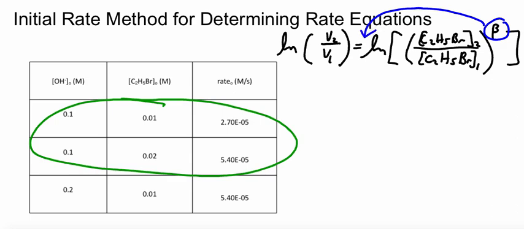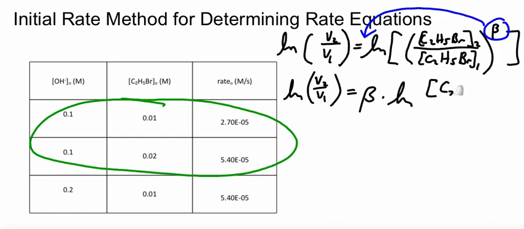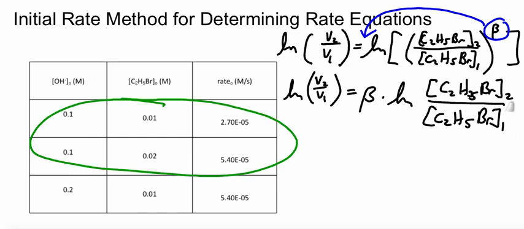So we can rewrite this as the log of V2 over V1 is equal to beta times the logarithm of the ratio of those concentrations. So that was C2H5Br for the second trial divided by the concentration of ethyl bromide for the first trial. So now we can just solve for beta.